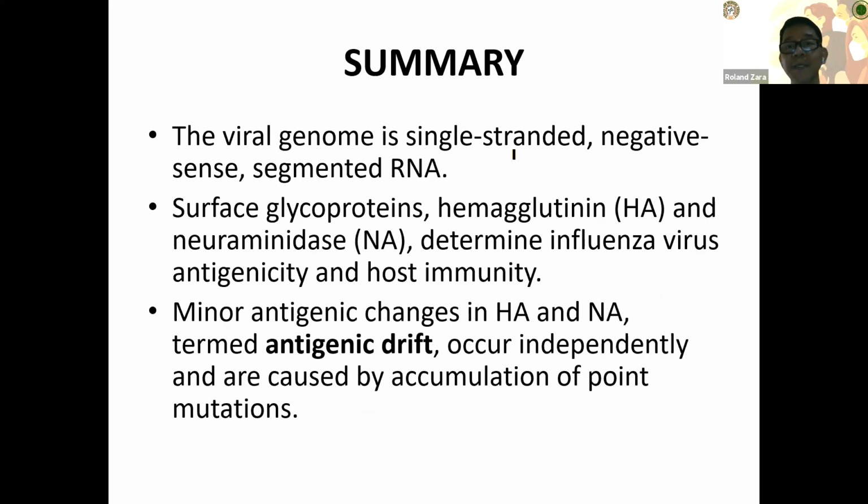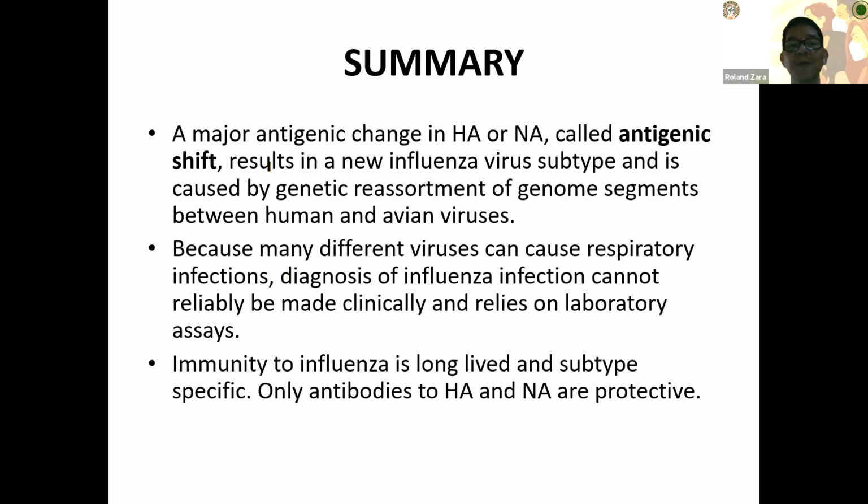The viral genome is a single-stranded negative sense segmented RNA. You have two important glycoproteins, the hemagglutinin and the neuraminidase. They determine influenza antigenicity and human immunity. Minor antigenic changes in hemagglutinin and neuraminidase are known as antigenic drift, while a major antigenic change is what we call antigenic shift, which results in new influenza virus subtypes because of genetic reassortment.